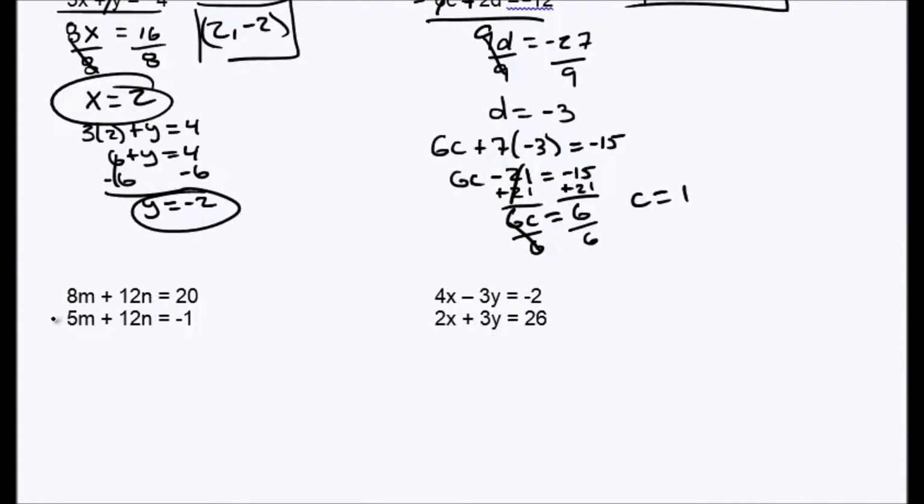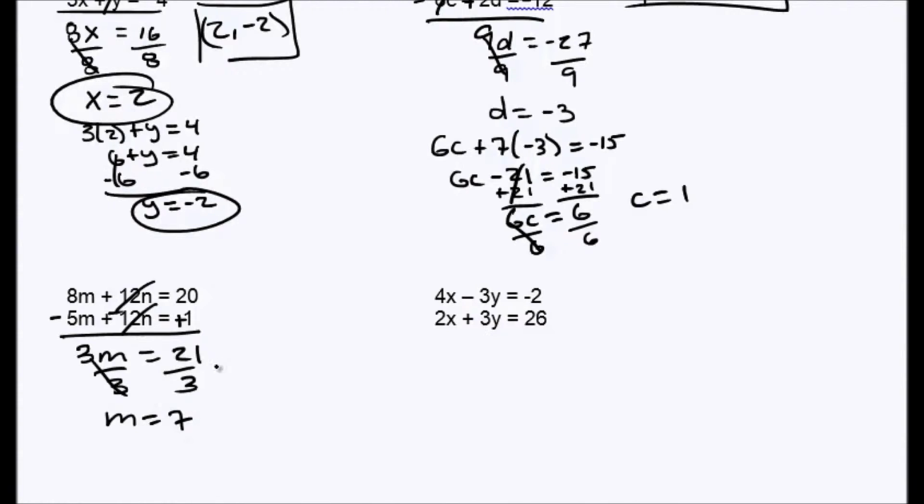But if I use subtraction and change the signs of every term in my second equation, then I could eliminate the n, the 12n. 12n minus 12n zeroes out. So 8m minus 5m is 3m, which is equal to 20 plus 1, 21. Divide both sides by 3, and m is equal to 7.